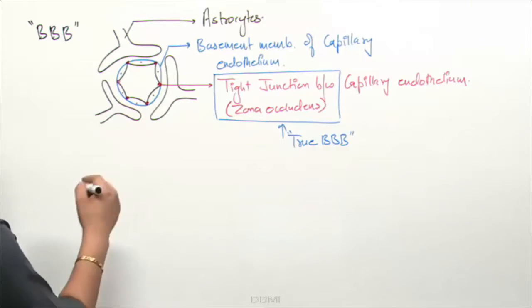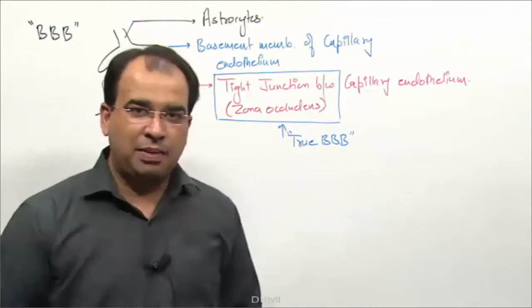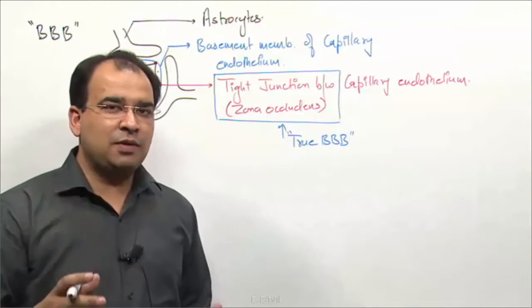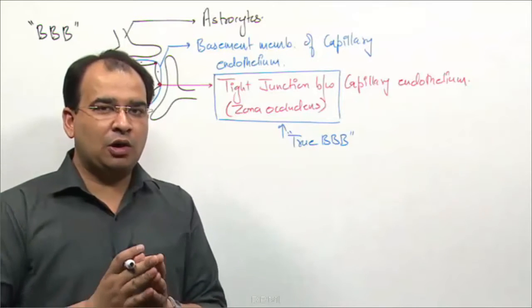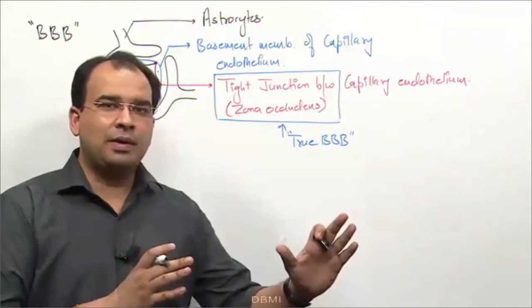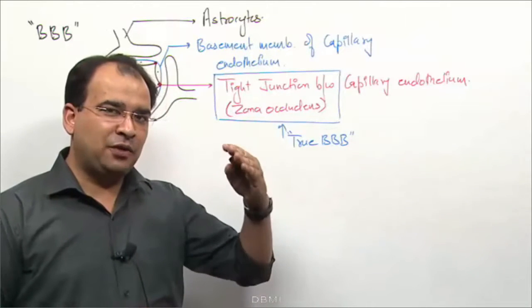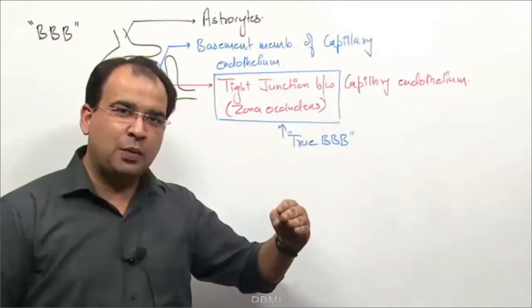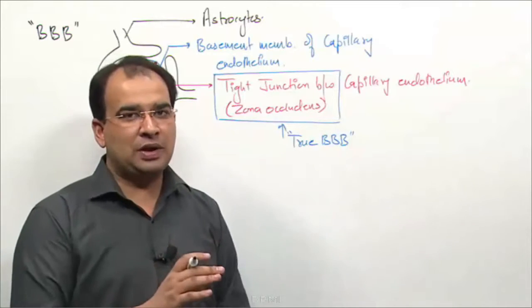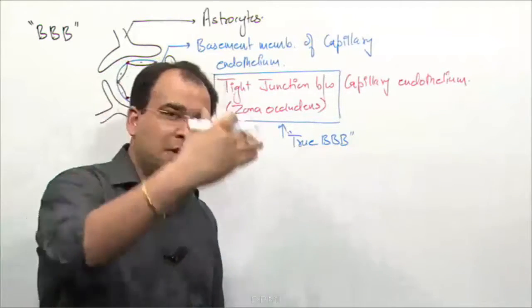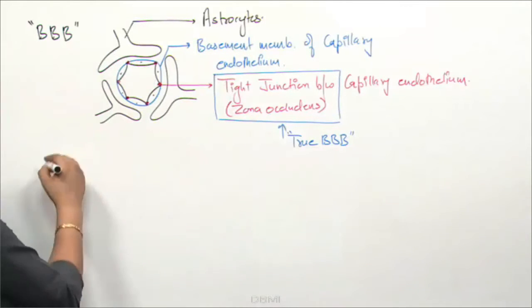Now there are certain regions in the body which are devoid of the blood-brain barrier. And what are the regions which are devoid of blood-brain barrier? You can enumerate all those structures in one word. We say circumventricular organs. They are present in the periphery of the ventricle, either in the periphery of the third ventricle or in the periphery of the fourth ventricle. That's why we call them circumventricular organs.